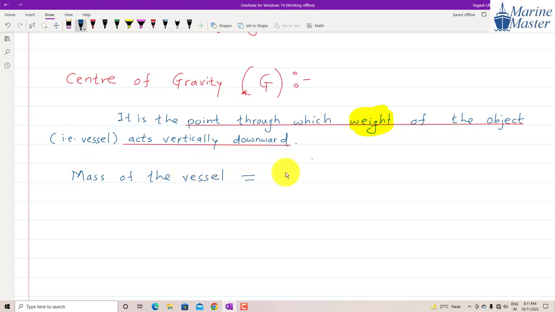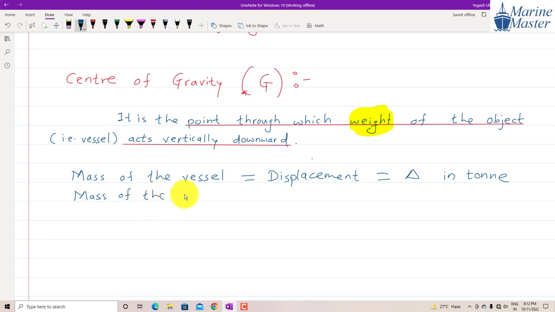We denote the mass of the vessel by delta. Mass of vessel means displacement, and we denote it by delta, in tons. Suppose we need this mass of vessel in kilogram.